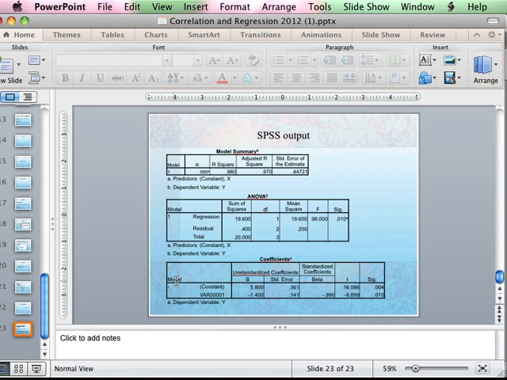Now jumping over to the standardized coefficients, the beta. This negative 0.99 is just turning all my x's and y's into z-scores, and this is given in terms of standard deviations.